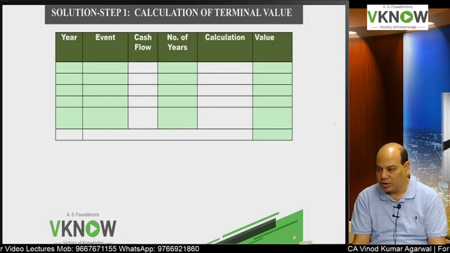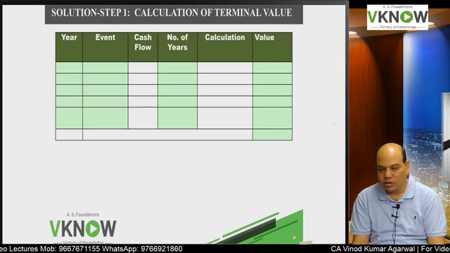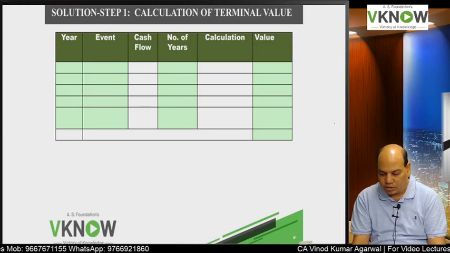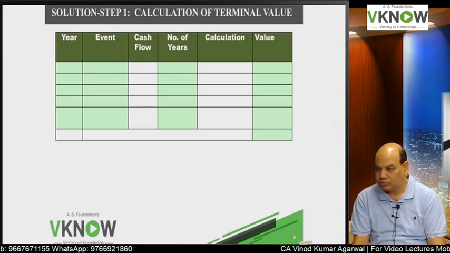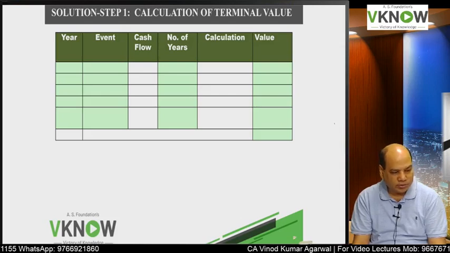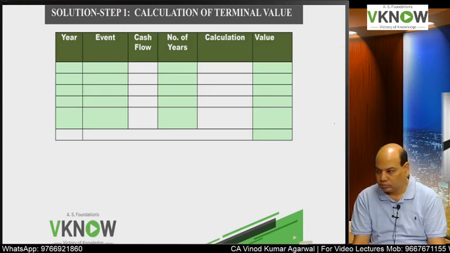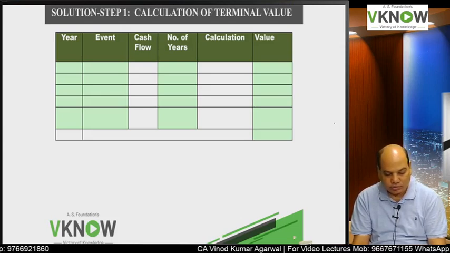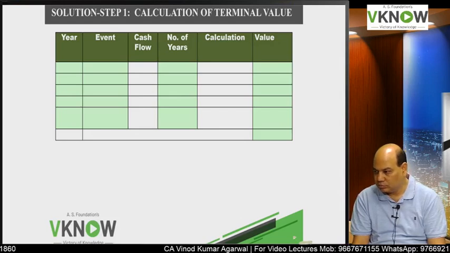First column write year, second column write event, third column write cash flow, fourth column write number of years, fifth column write calculation, last column value.